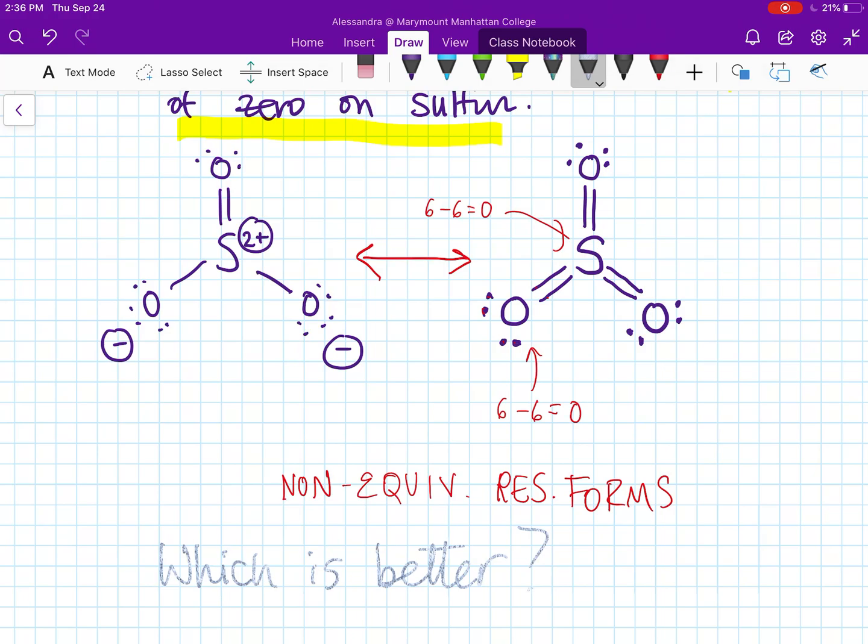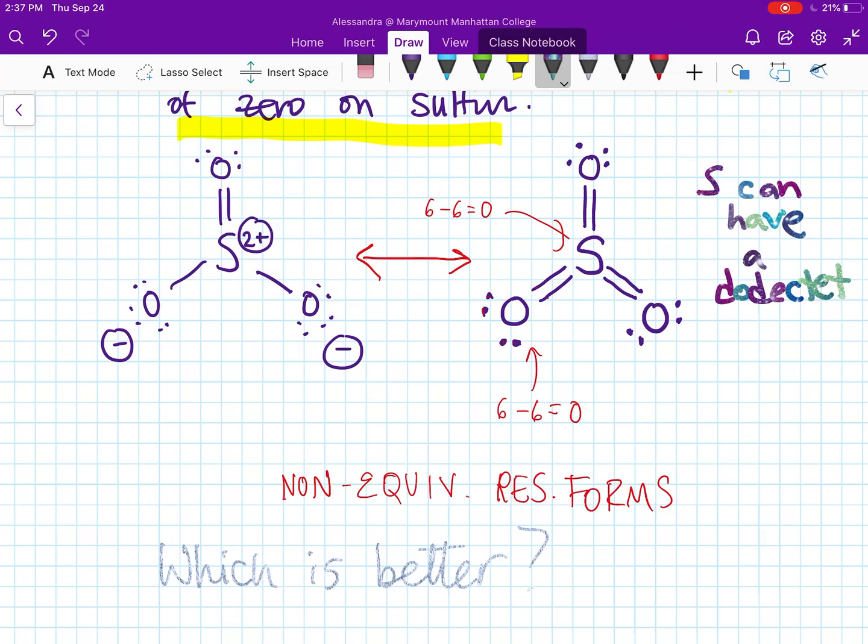We have to adhere to the idea that sulfur is perfectly fine having, in this case, a dodectet. Sulfur can easily accommodate a dodectet. Dodectet means that it can have 12 electrons around it. So this is a very stable arrangement for sulfur.